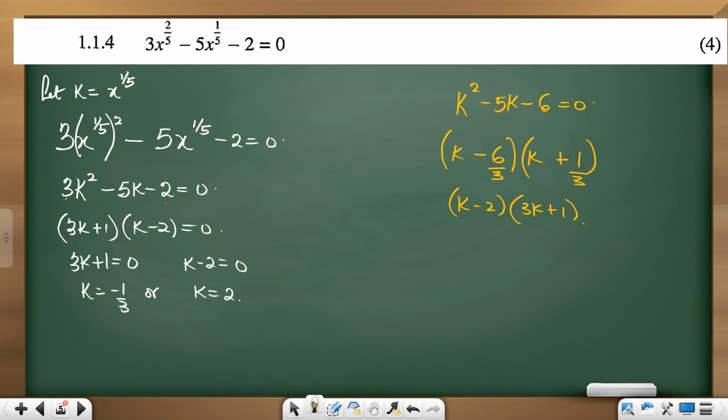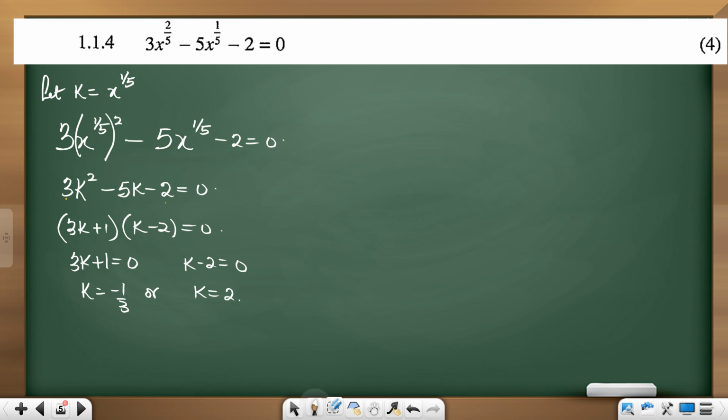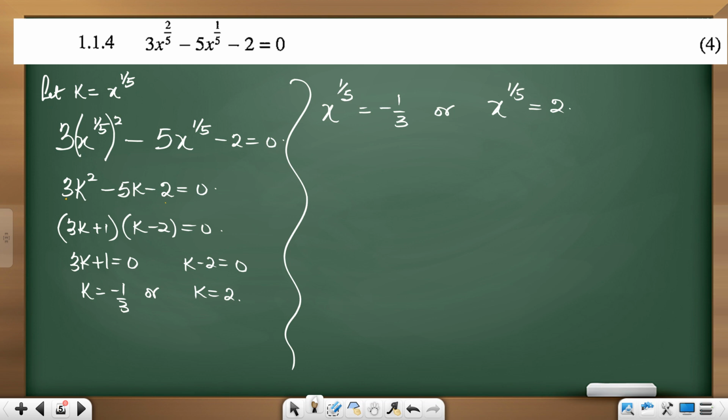We are interested in what? x, not k. Okay? So what do I then do? My k is x to the power 1 over 5, equals negative 1 over 3, or equals what? 2.